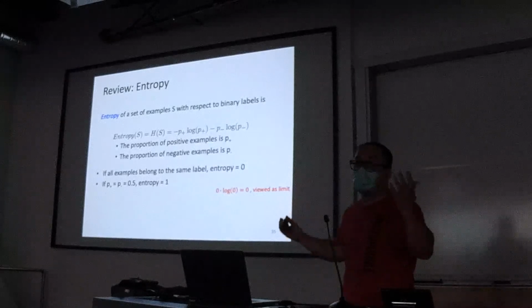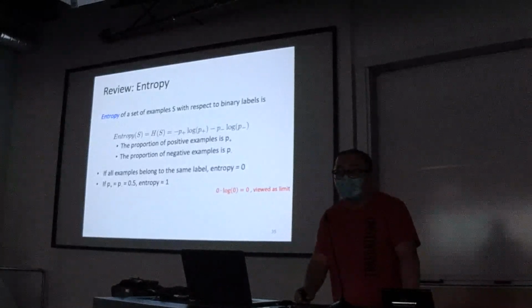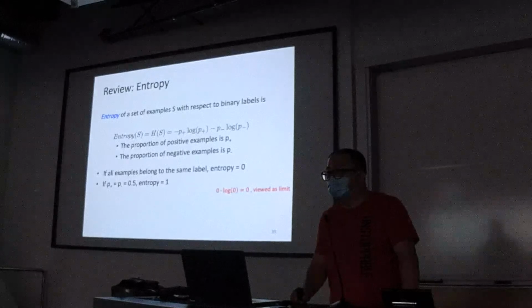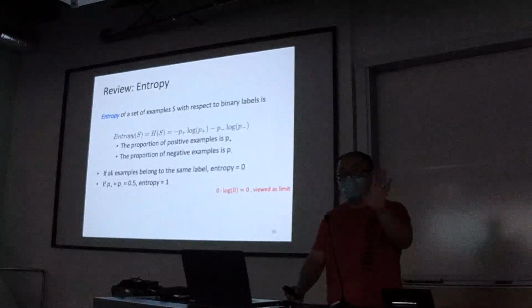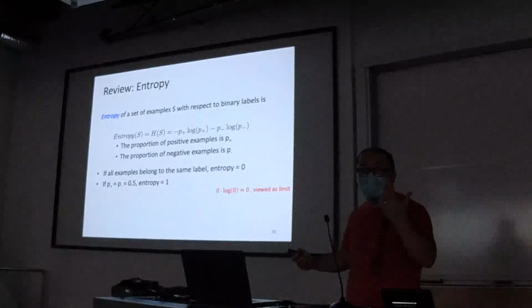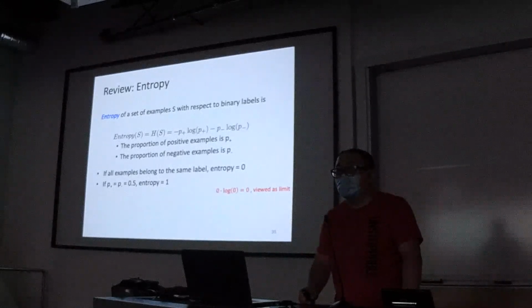Because all the examples have the same label, you are 100% sure about the label. You have 0 uncertainty about labels. So you would want the entropy to be as small as possible, as close as possible to 0. Now we can see how the entropy reflects the purity.